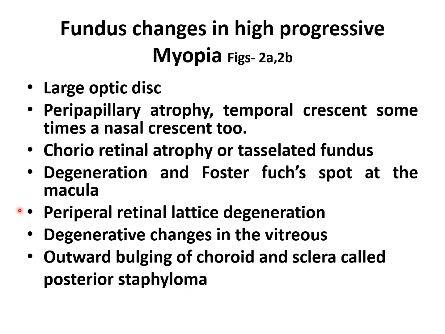Other than this, there are several degenerative changes such as peripapillary atrophy, temporal crescent, sometimes a nasal crescent, chorioretinal atrophy, degeneration and Foster-Fuchs spot at the macula, peripheral retinal lattice degeneration, and degenerative changes in the vitreous. These are illustrated in figures 2a and 2b.